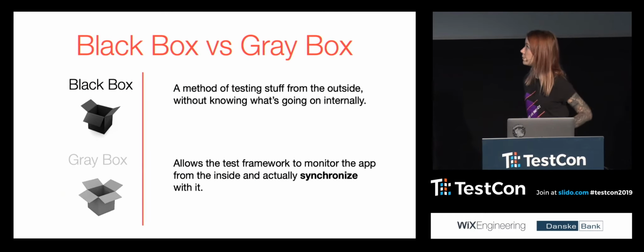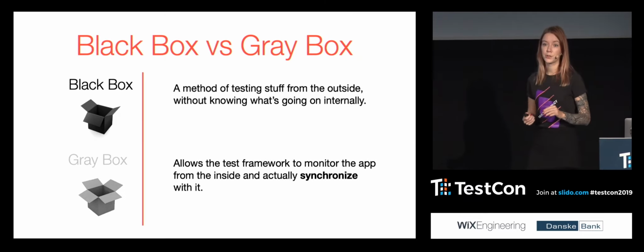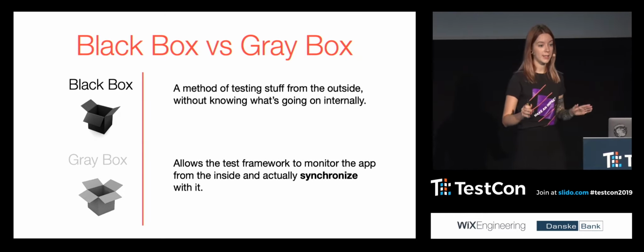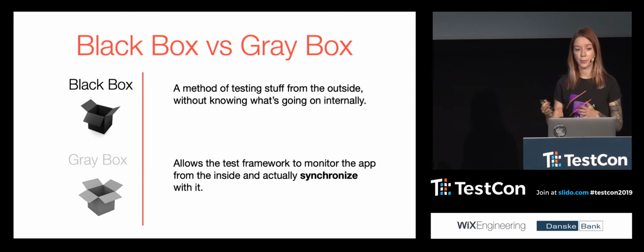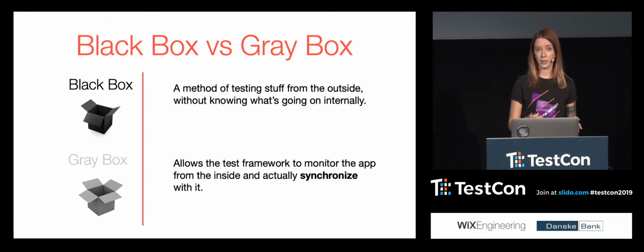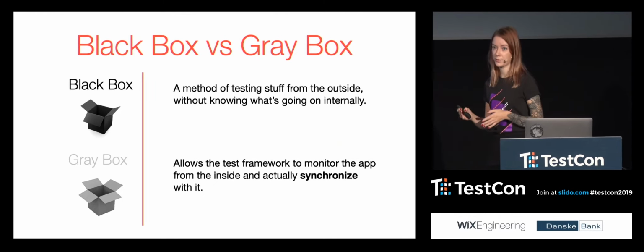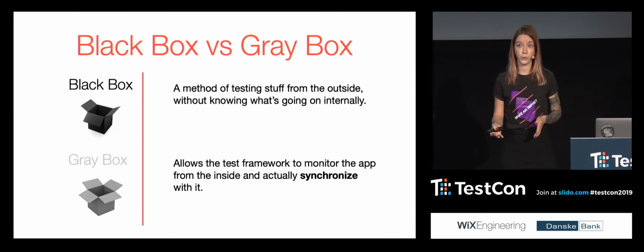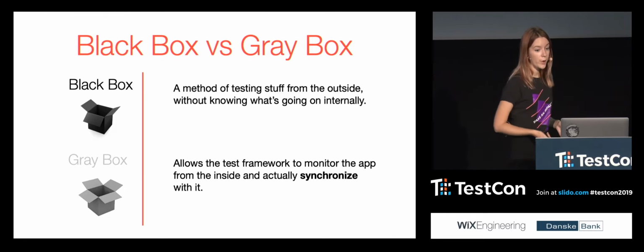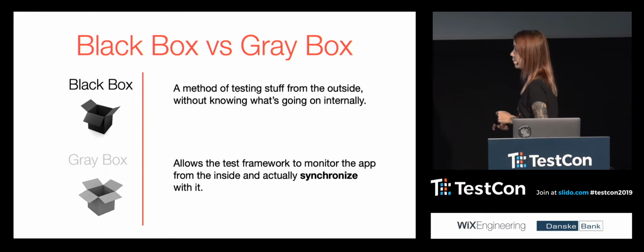If gray box is not entirely clear, we can compare it to black box. Black box testing would go over the view hierarchy of your application and search for an element. If it's not found, it would execute a sleep, wait for some defined time to pass, and then search for that element in the view hierarchy again. Gray box testing is different because it has access to internal memory.